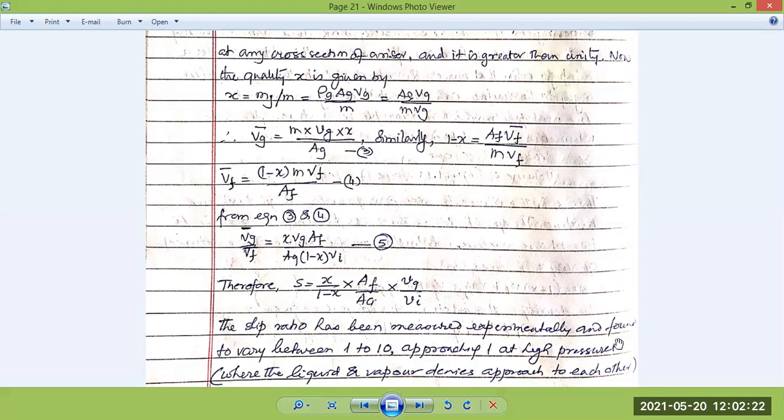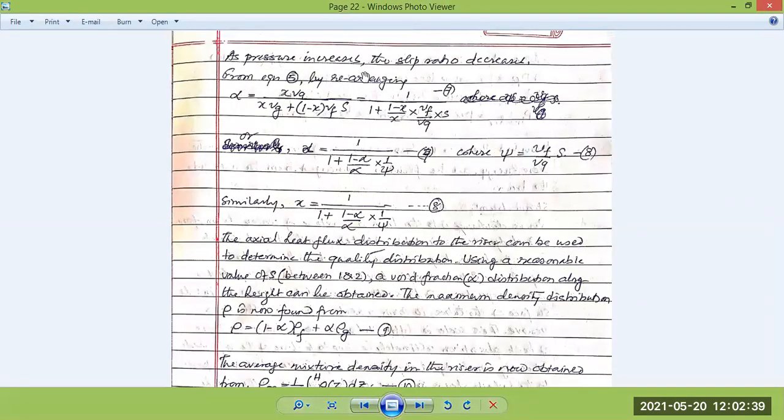As the pressure increases, the slip ratio decreases. From equation 5, by rearranging, we get alpha is equal to x Vg divided by x Vg plus 1 minus x into Vf, and Vg is Vf into S.